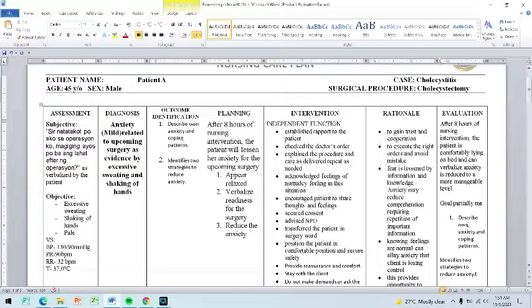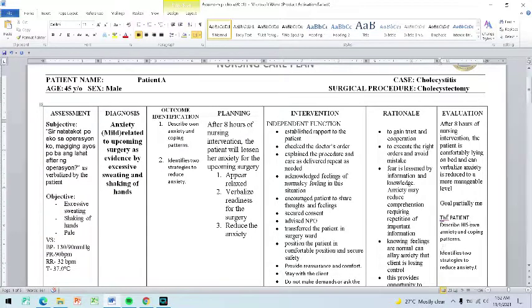So you could write here: at the end of 8 hours, the patient described his own anxiety and coping pattern.